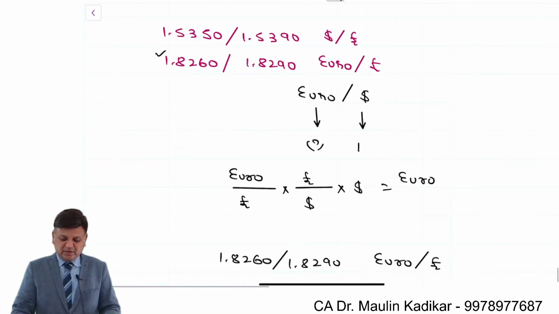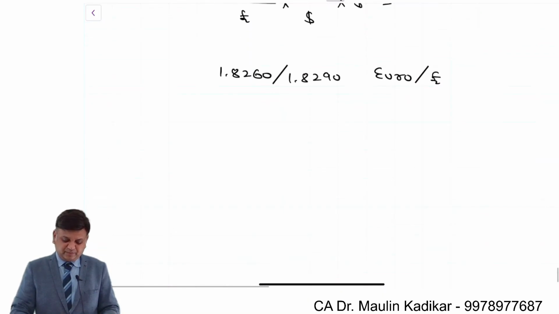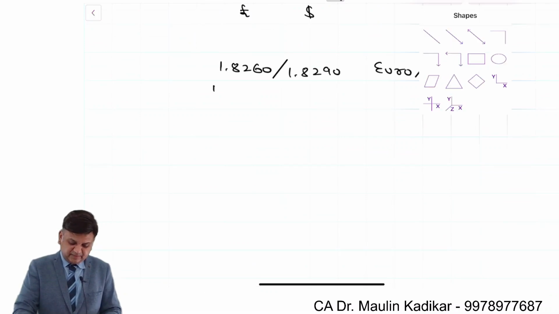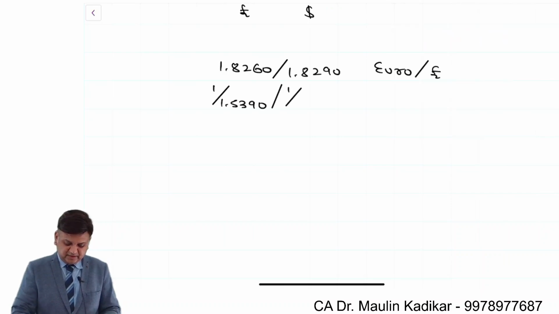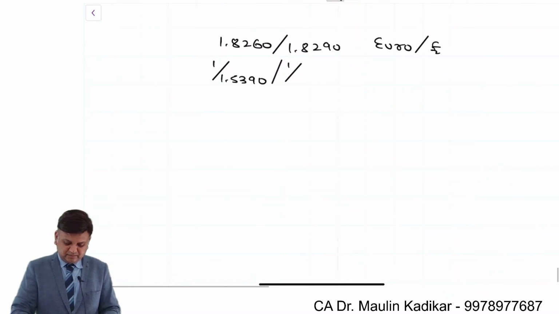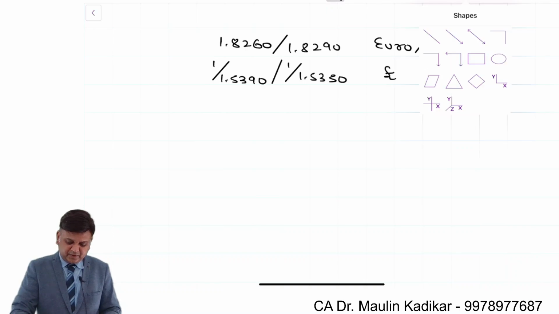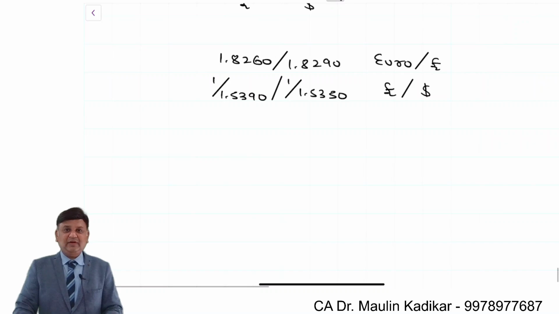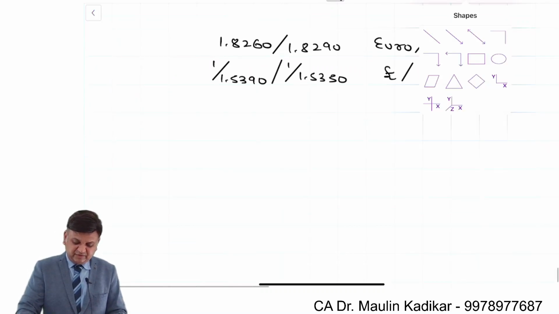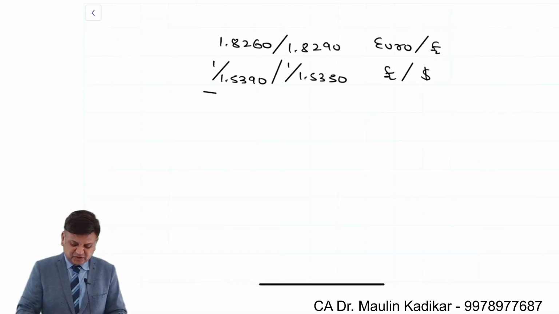I want pound per dollar, but dollar per pound is given, so we have to make it a reciprocal. 1 divided by 1.5390 slash 1 divided by 1.5350 pound per dollar. So what will happen? Pound will be cancelled, and we will be able to get the answer as euro per dollar.